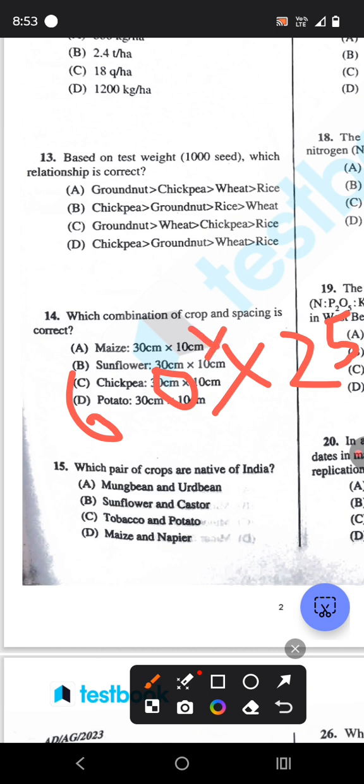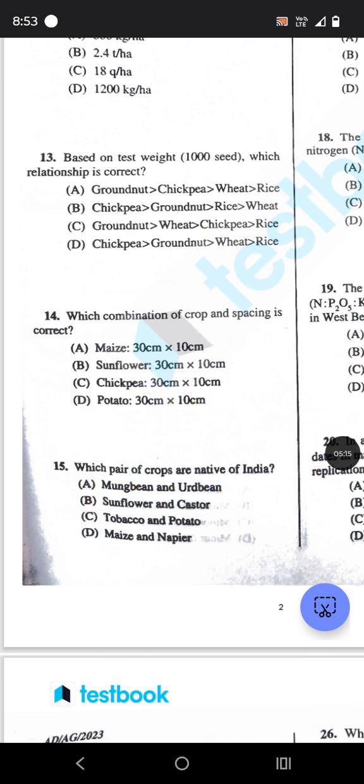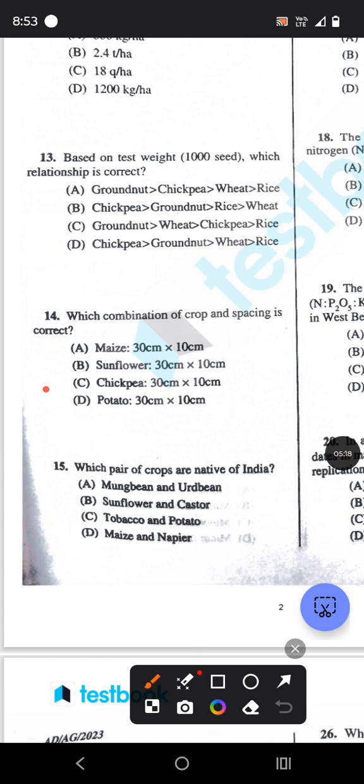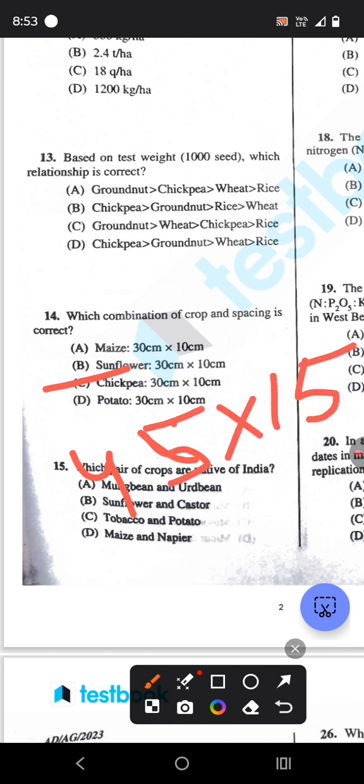For sunflower the spacing is 70 into 20 centimeter, and for chickpea it is 30 into 10 centimeter. For potato the spacing is 45 into 15 centimeter, so that is also false, and the correct answer is option C.